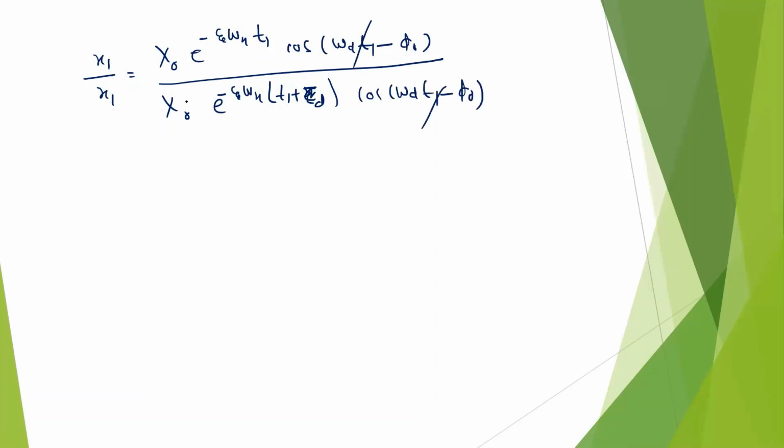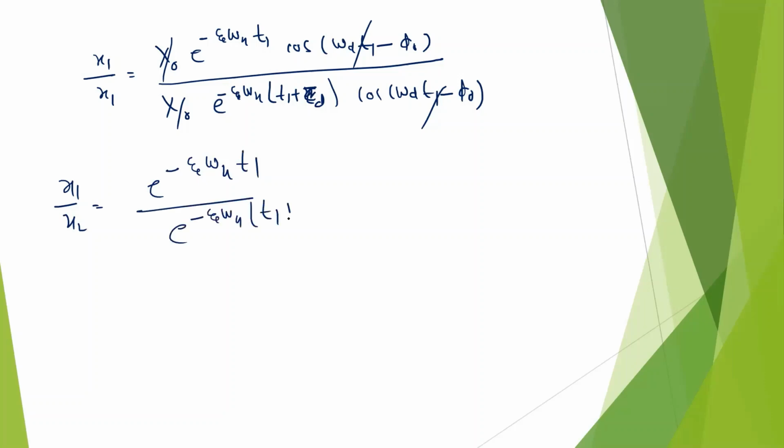The x naught and the cosine terms get cancelled out, and x1 over x2 remains e raised to power minus zeta omega n t1 over e raised to power minus zeta omega n t1 plus tau d. This can be written as e raised to power zeta omega n tau d. So we got the ratio of the two amplitudes, x1 over x2, as e raised to power zeta omega n tau d.